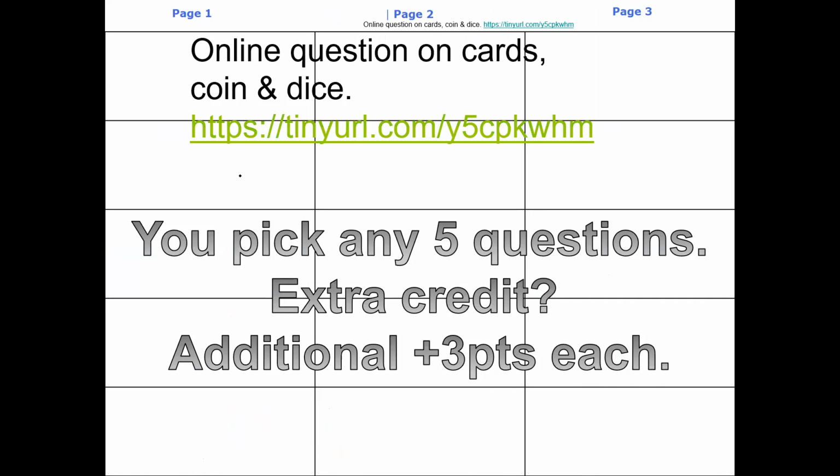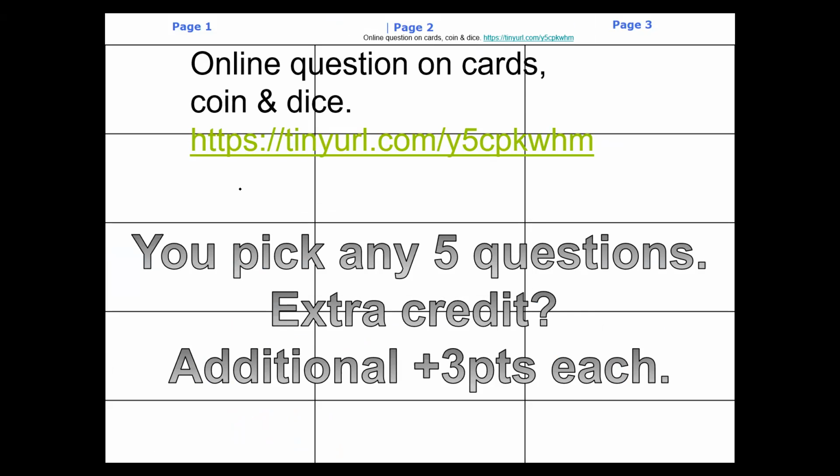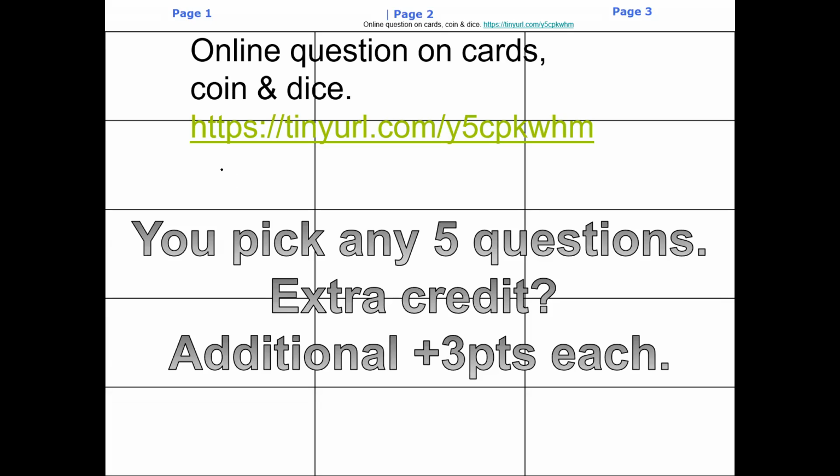It is essentially kind of like a bingo. You can pick any quiz or any question that you would like, and then you are going to show the work on each of these boxes. You can go diagonally down, across, or down, however you want to do this. Any additional questions, I'll give you extra credit for.